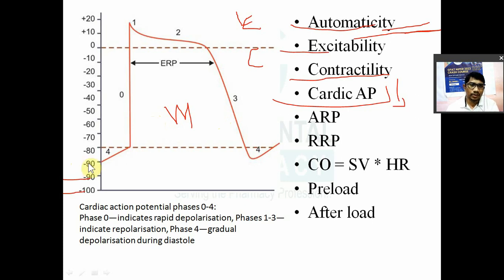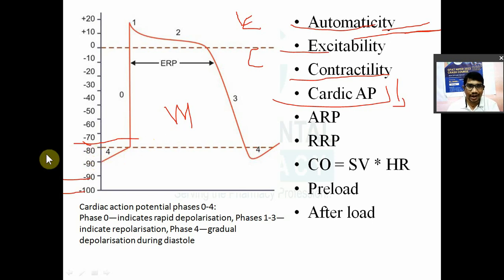As I told you, there is a negative potential of -90 in the cell. सो -90 से पोटेंशियल आता है -65, -70 तक, बिकॉज ऑफ द लीकेज और बिकॉज ऑफ द एंट्री ऑफ पोटेशियम आयन इनसाइड द सेल.